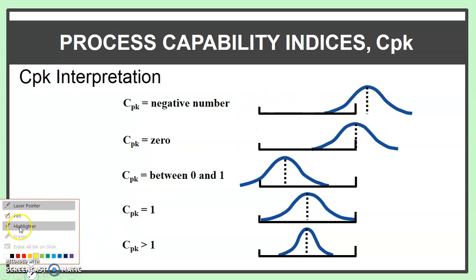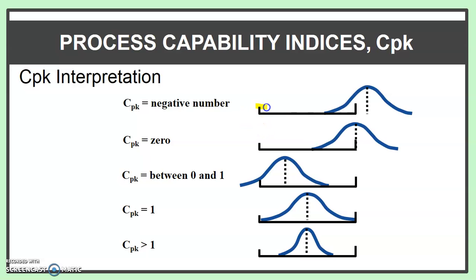This is the customer specification limit. UCL and LCL should be here. Then your process, you produce the product out of the specification limit. That means it's not centered. The center is here. Your mean is here, the center is here.